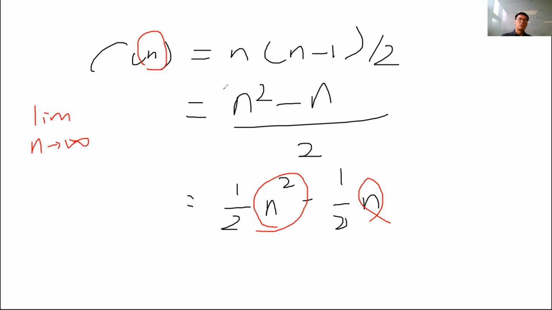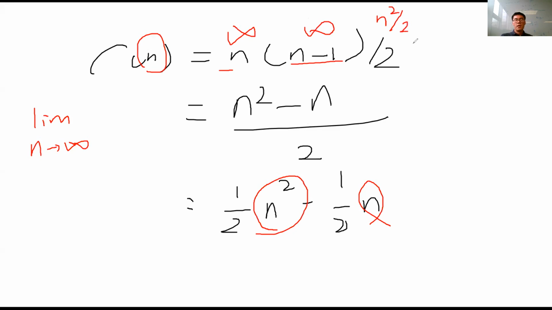Look at n multiplied by (n minus 1). If n is infinity, n minus 1 is basically also infinity. So it is basically n squared divided by 2. This is super big, so dividing by 2 doesn't really matter, does it? So we can approximate it to n squared.